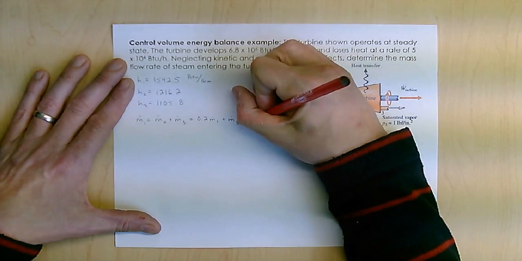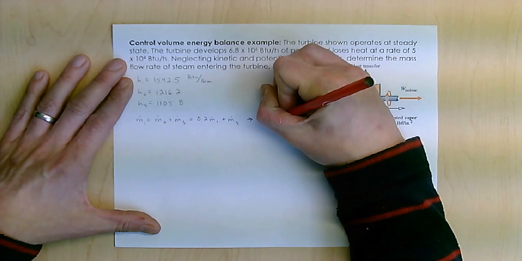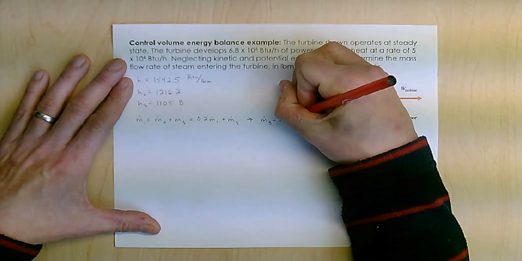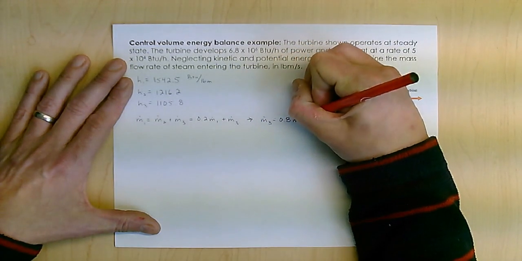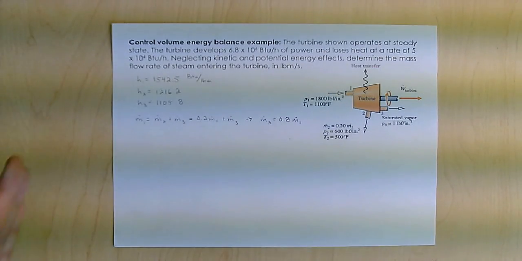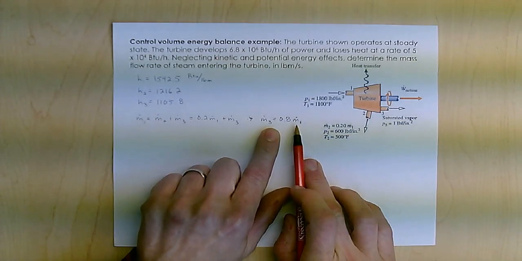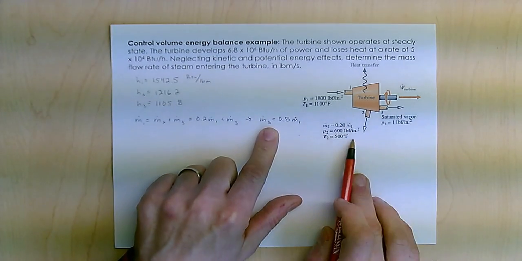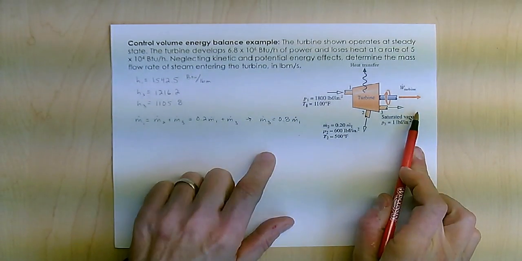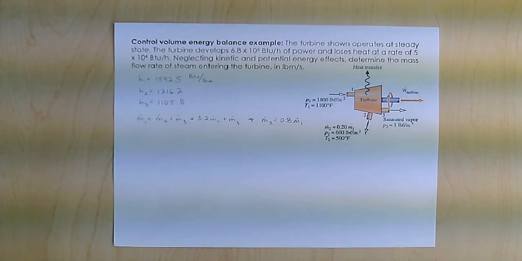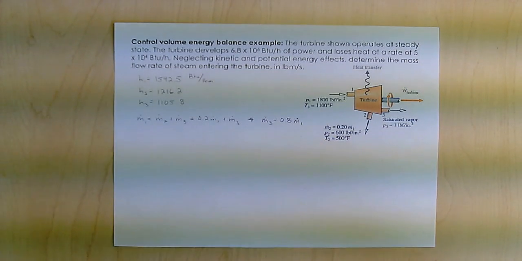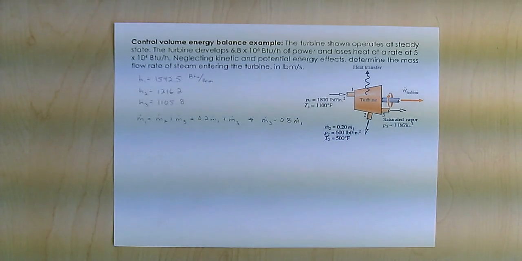From that, I learned that m.3 has to equal 0.8 times m.1. So I don't know the mass flow, but I've got them all related to the incoming mass flow, right? 20% goes this way, 80% of it goes that way. And again, that's because the mass flow in has to equal the mass flow out.